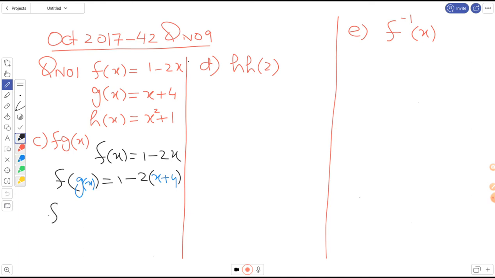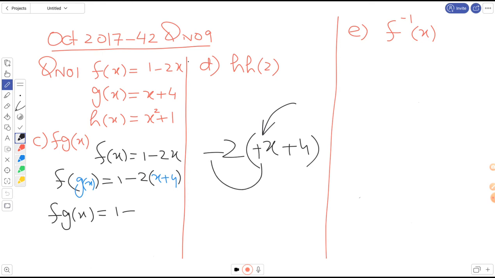Now I got f of g of x is equals to 1 minus, this 2 is going to multiply with the x. So 2 times x gives you 2x, but make sure outside is a minus sign, and actually it's going on behind like this. Let me tell you, x plus 4. What is the sign beside x? You don't know. When you don't know, always plus sign.